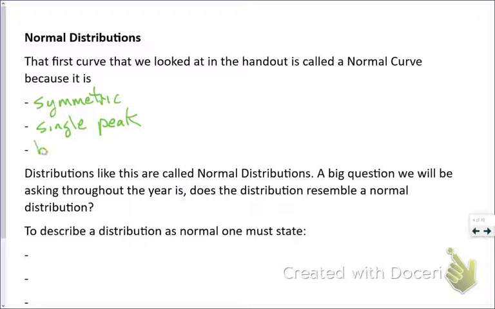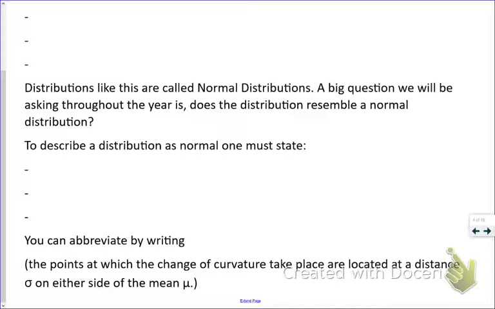And it is bell or mound shaped, whatever makes more sense to you. Let me scroll down for the next part. If you see that a distribution is normal, and you are asked to perform some calculations, you have to describe it. I know this sounds redundant because sometimes they're going to say it's normal, and you have to write down that it's normal.